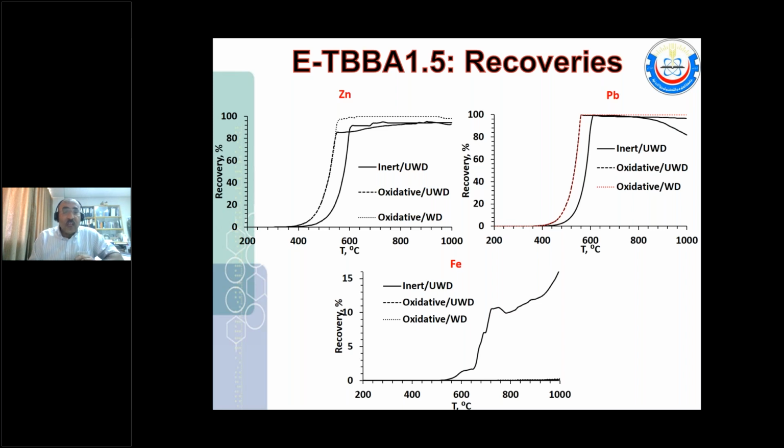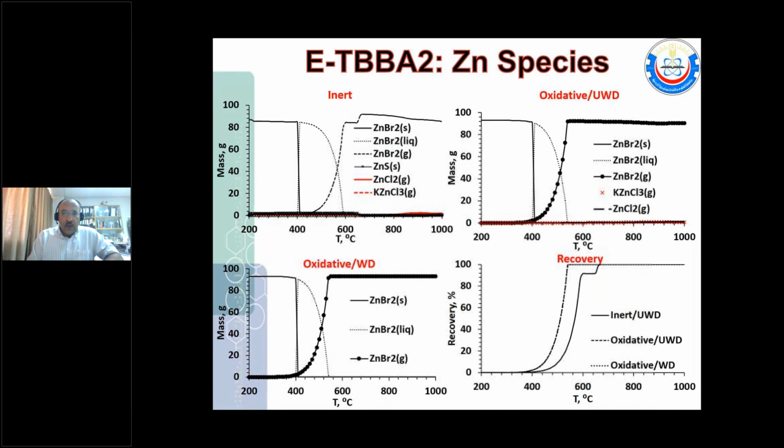And there we found really fascinating data: we went to the lab and did the experiments, and luckily the data came out very comparable to those calculated using the FactSage.